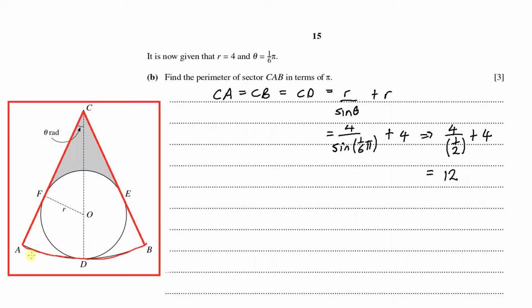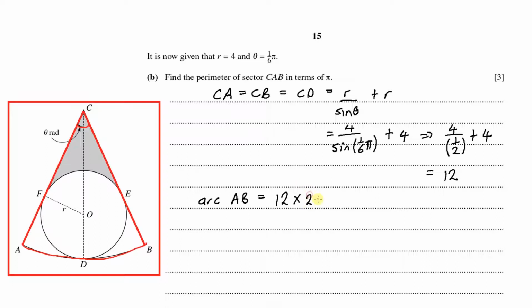Now what remains is for us to find the length of the arc AB. For the length of the arc AB, we can say the radius of the sector, which is CA, which we got to be 12, times theta, which is this whole angle here, which happens to be 2 theta.